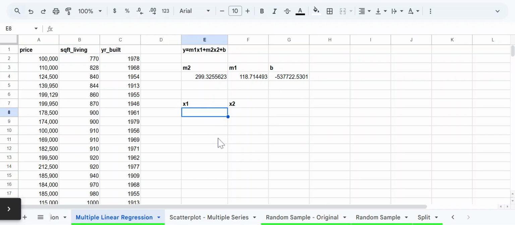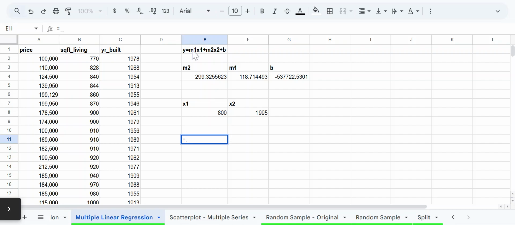So you can use these numbers to make predictions the same way that you did with a regular linear regression. So if I assume x1, my first x variable, is square foot of living space. Let's say I have a house, 800 square feet, that was built in 1995. And I want to predict the cost of this house.